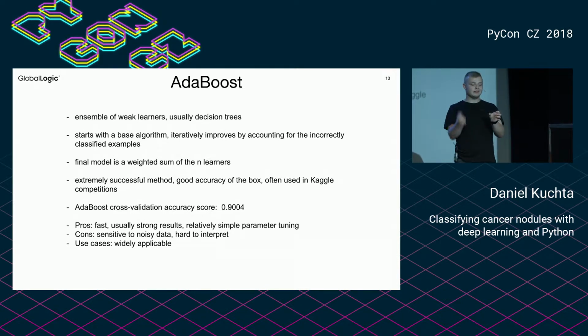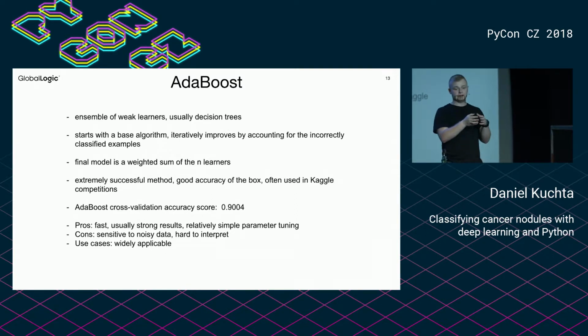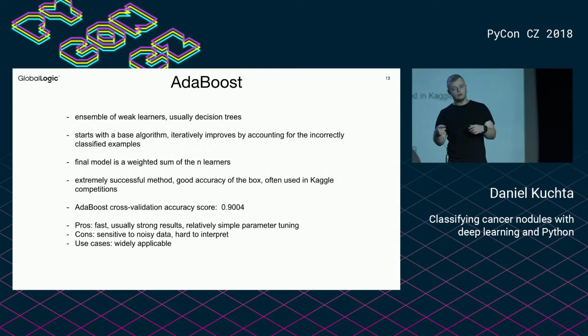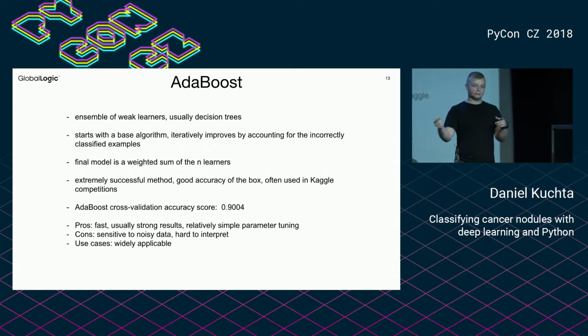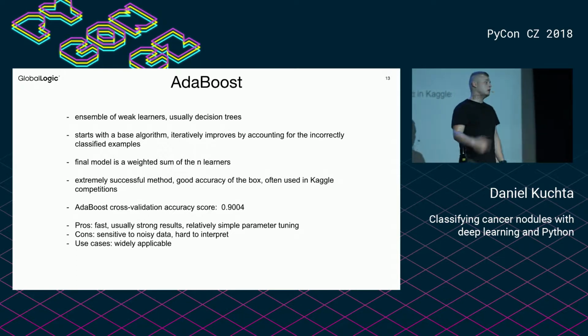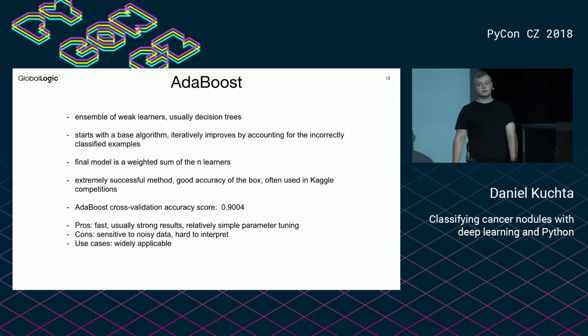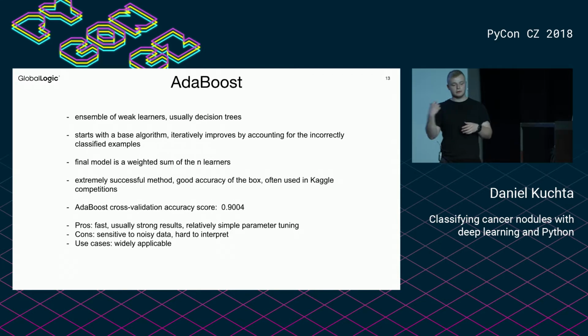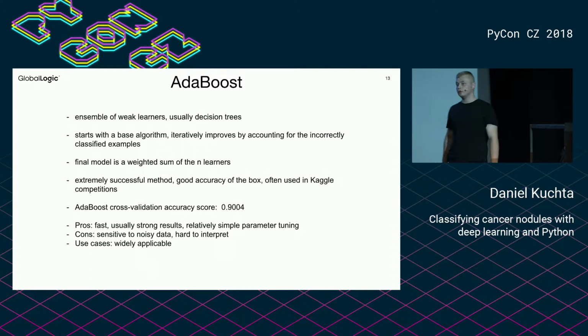It then assigns higher weights to these parts of the data set, and it creates a new decision tree that is trained on this modified data set. This goes on and on until you reach your specified number of learners, and then you make the predictions as either an average or a majority vote of these learners.